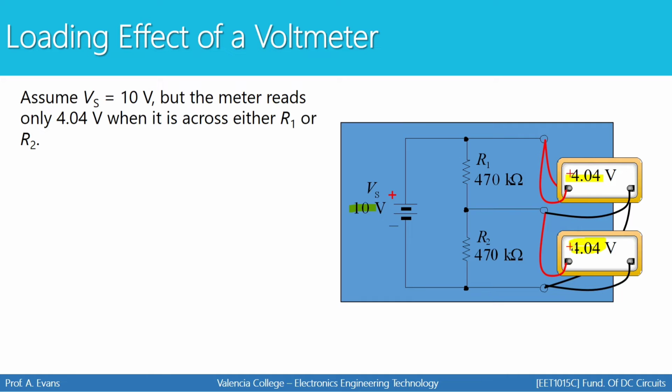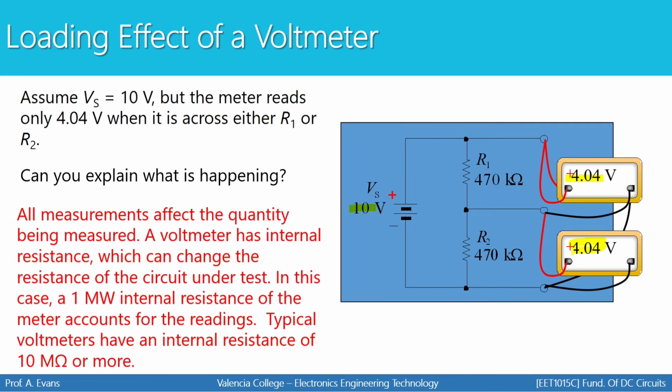And each one of these instruments has its own resistance. So here's what's happening. All measurements affect the quantity of what is being measured. A voltmeter has its own internal resistance, which can change the resistance of a circuit.